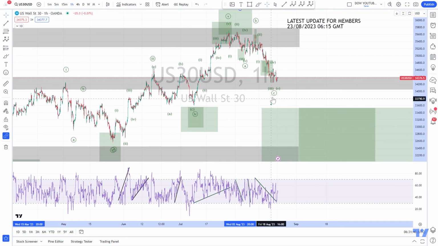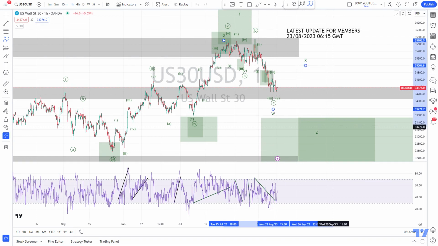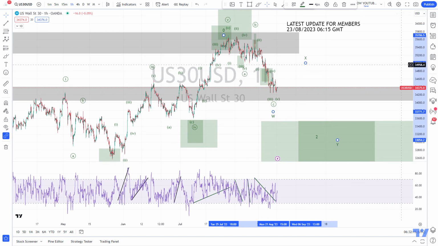Either we had a very shallow wave 2 here, where we do not reach the 0.5 fib level, or this was just the first part of the correction, and we go like a WXY again. So then this ABC was our wave W, this was our wave X, and then our wave Y.